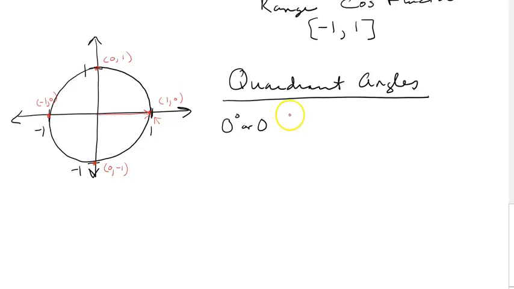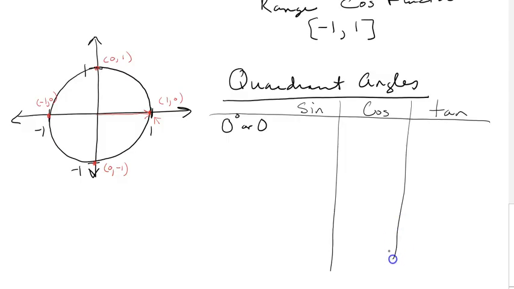So simply, let's draw it like this. I will not do the reciprocal functions. You can figure those out on your own. Okay, so let's do the first one. 0, sine.